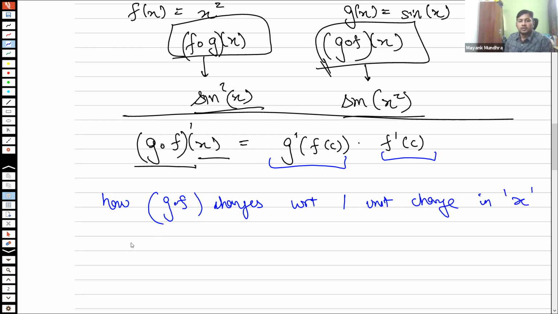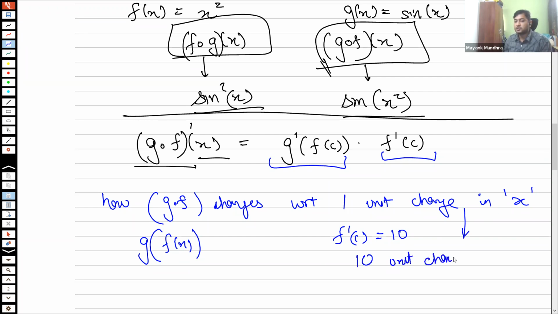So g of f is g of f of x. Let's say f prime at c is 10. So for every 1 unit change in x, f of x is changing by 10 units. So if x changes by 1 unit, this is going to cause a 10 unit change in f of c.